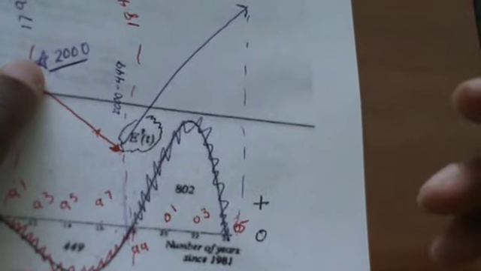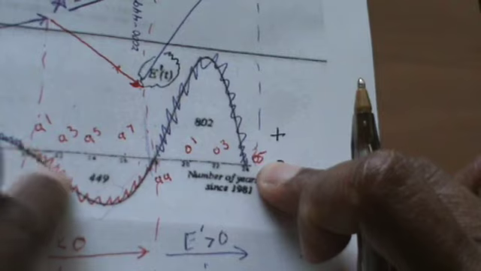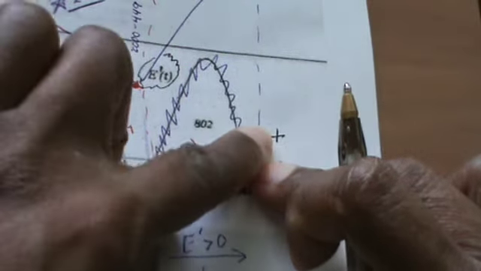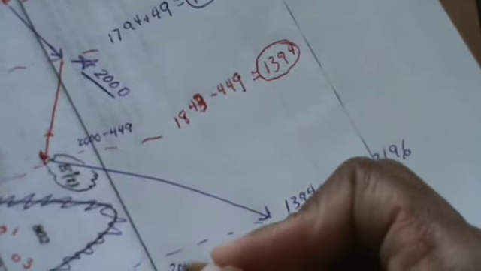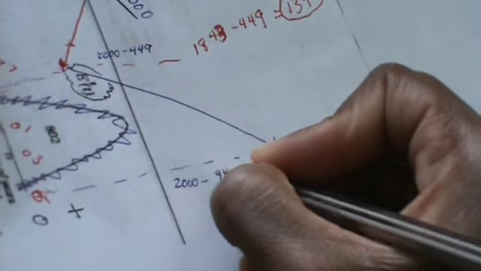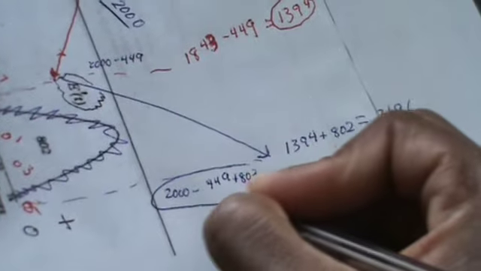And then K says if the number of employees at the beginning of 91 is 2,000, then how many were there in 2005? So let's see. They're telling us that you have 2,000 here. This is 2005. So notice you lost 449, but by 2005 you'd gain 802. So what is that going to be? Well, it'll be 2,000 minus 449 plus 802, right?